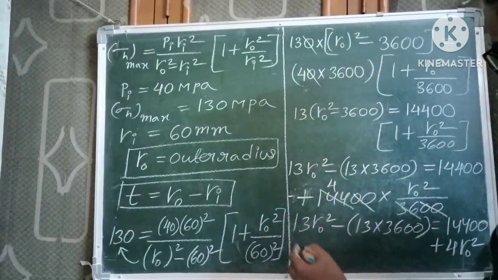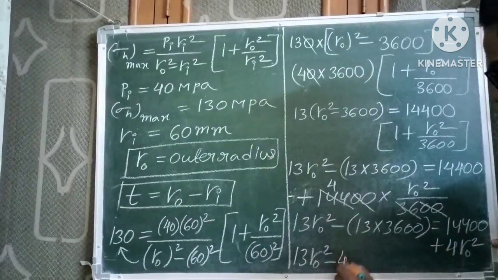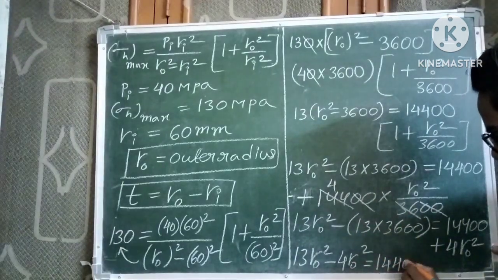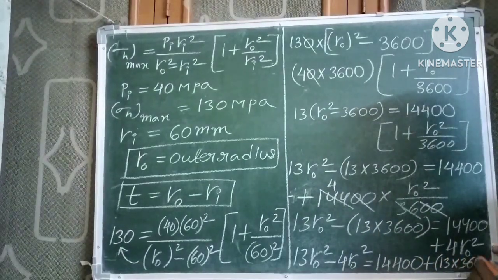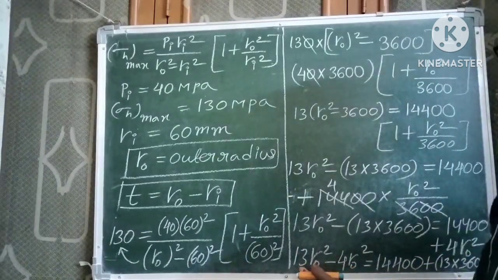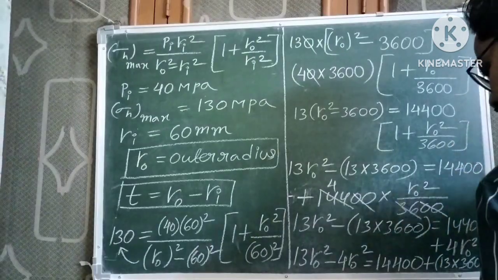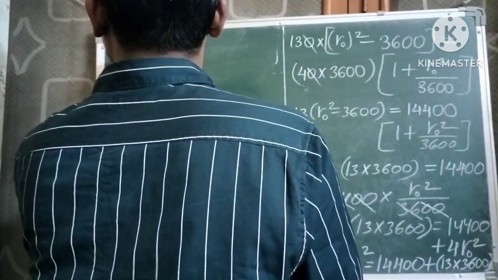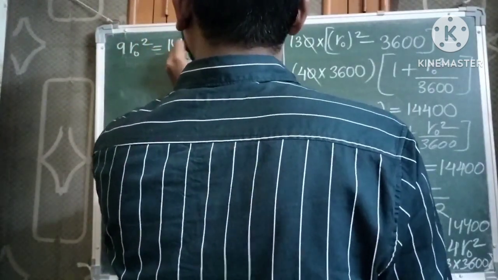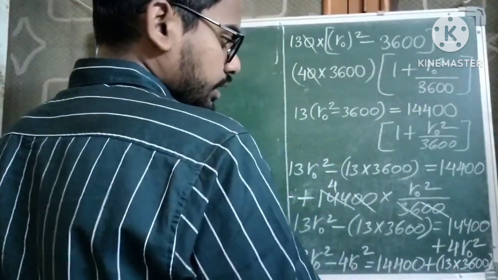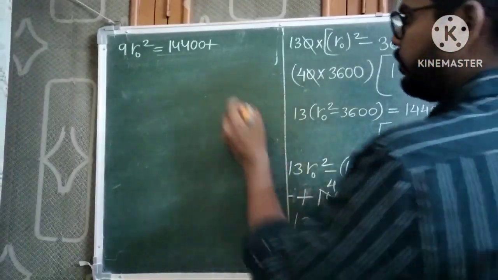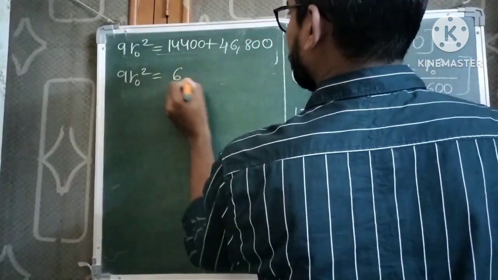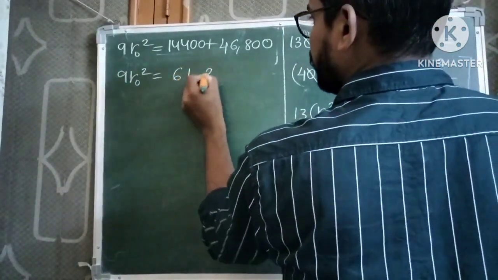In the next step, transpose 4 R naught square to the left hand side. 13 R naught square minus 4 R naught square is equal to 14,400, plus 13 into 3600 after transposing the negative term to the right hand side. 13 minus 4 is 9, so 9 R naught square is equal to 14,400 plus 13 into 3600. 13 into 36 is 468, so 46,800. Adding these two, we get 61,200.